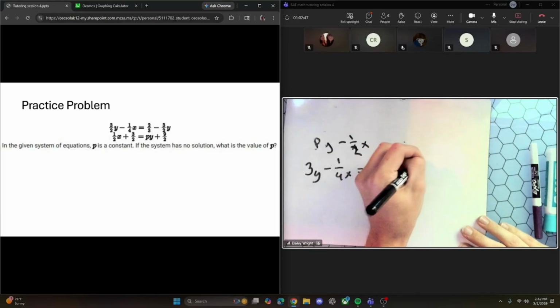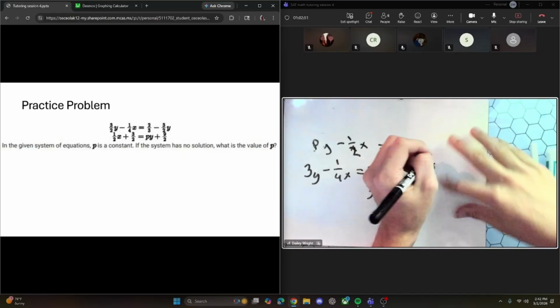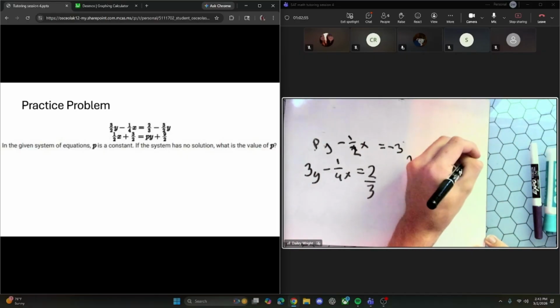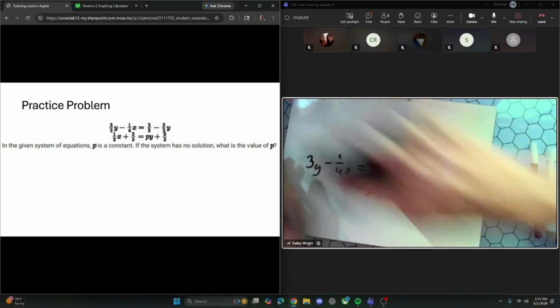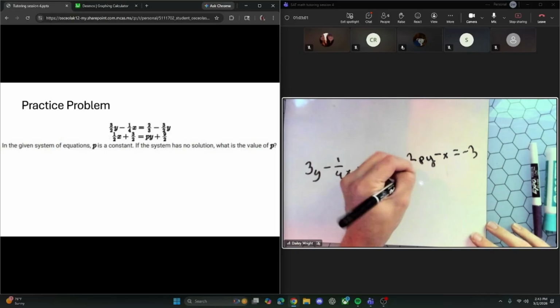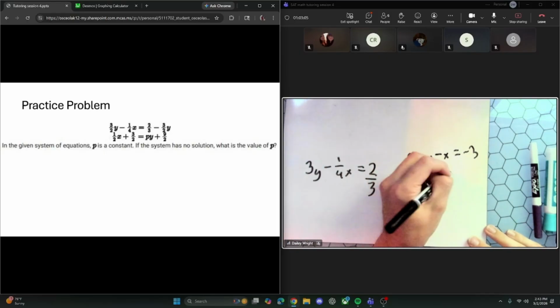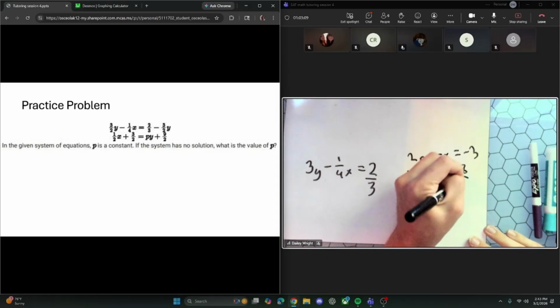So 2py minus x equals negative 3. And then the second equation, I'm just going to multiply it by 4. So 12y minus x equals 4 times 2/3, 8/3.